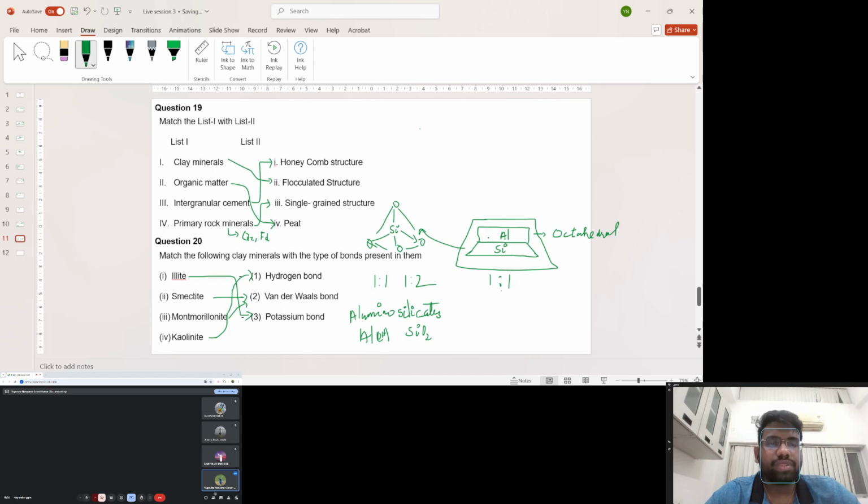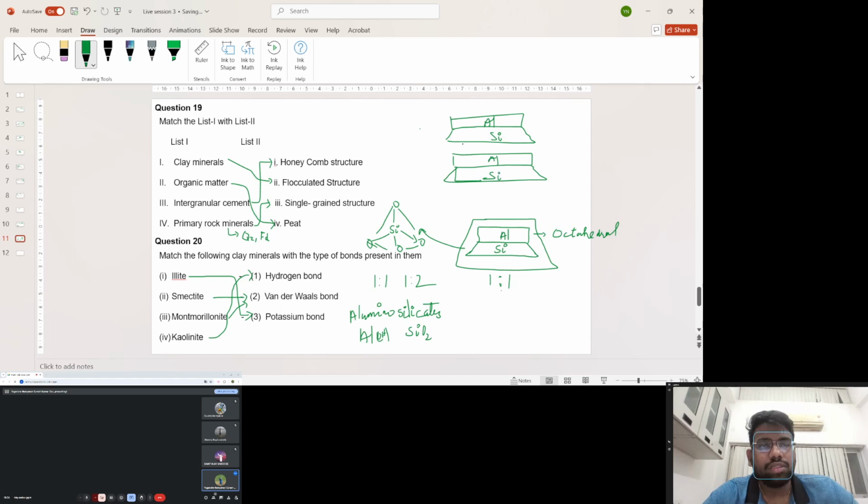If you take two minerals, aluminum, silica, this is one mineral constituent, and another is aluminum, sorry, silica.